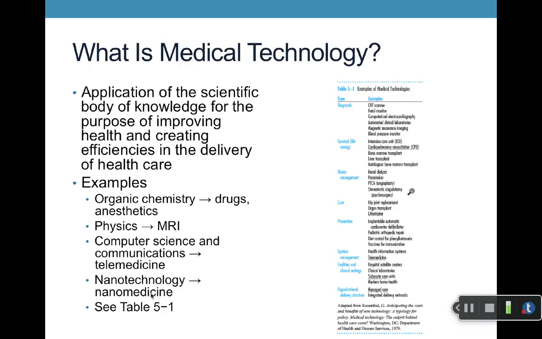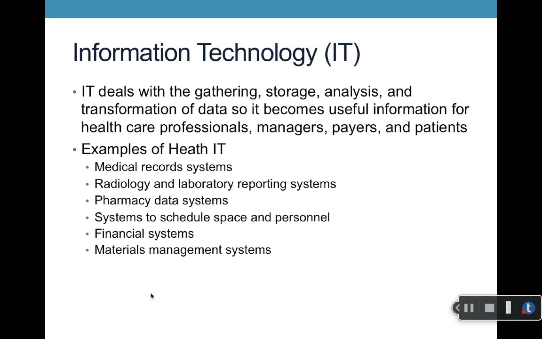So that could be pharmaceuticals, that could be these diagnostic machines and tests, it could be things like telemedicine, it could even be things like nanotechnology or nanomedicine, right? So it's about taking a certain body of knowledge in science, whether it's chemistry or physics or nanotech, and applying it in very specific uses of medical technology.